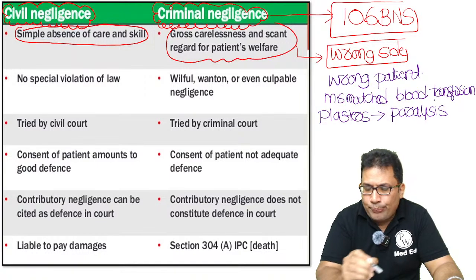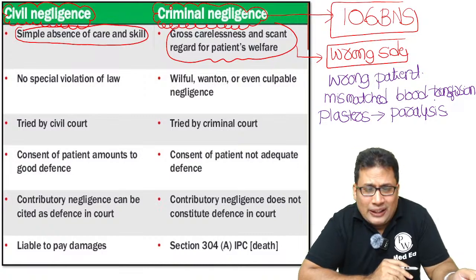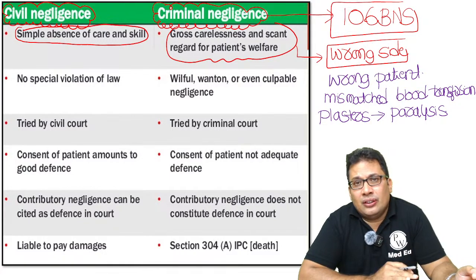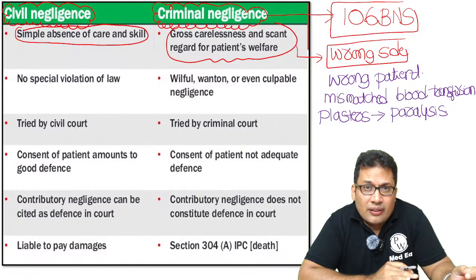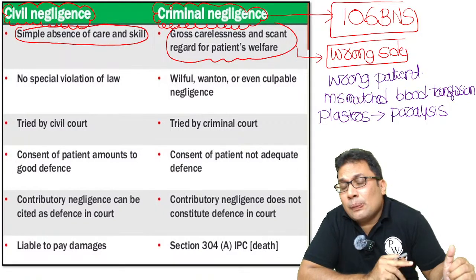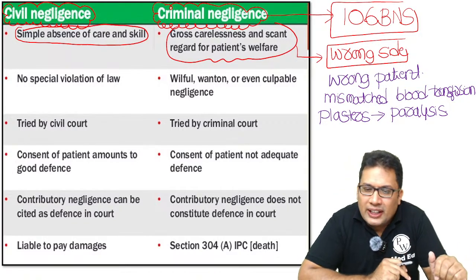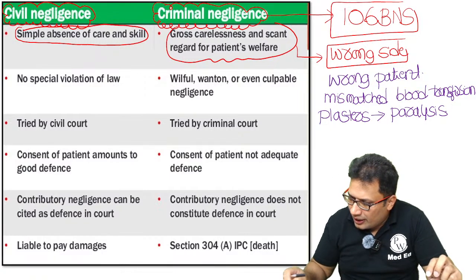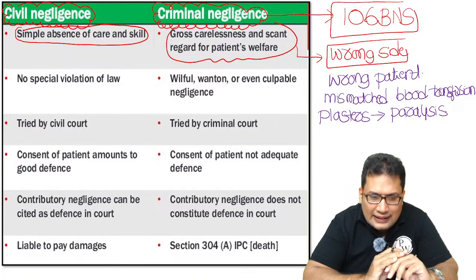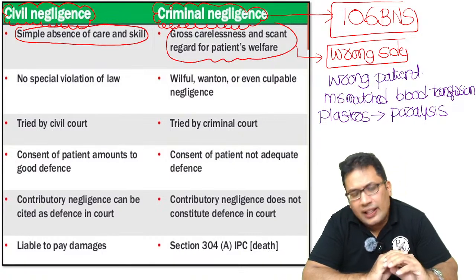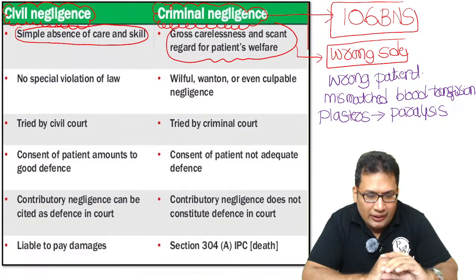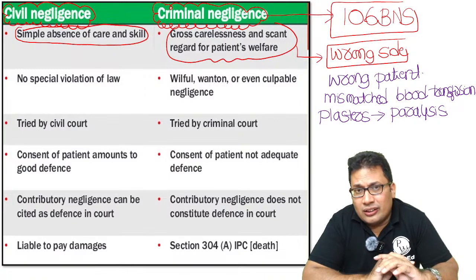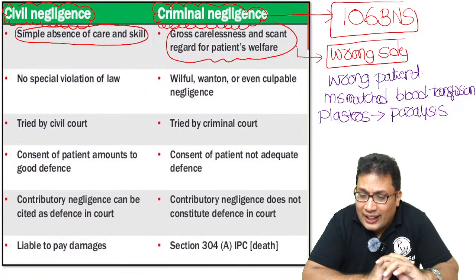Plaster can lead to some degree of numbness, but applying a very tight plaster cast leading to paralysis of the limb can be gross negligence. Any other, anybody? I said wrong side, wrong patient, mismatched blood transfusion, and also the very tight plaster cast leading to paralysis.